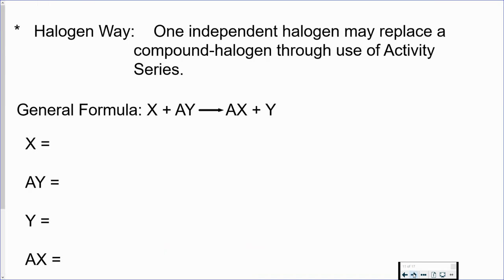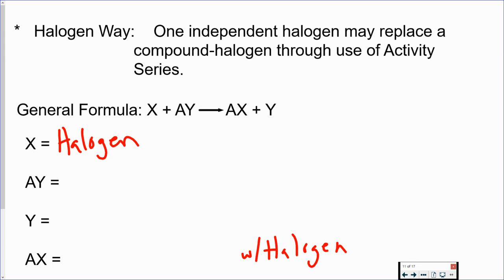Single replacement also has the halogen way, which then makes it so that X is a halogen. I'm going to go ahead and do that while I have red on. AY is a compound, and it has another halogen in it.